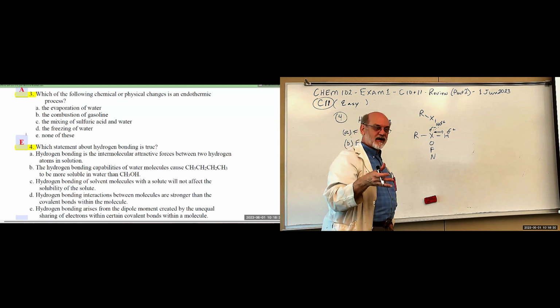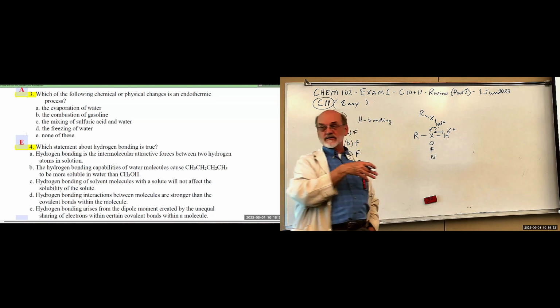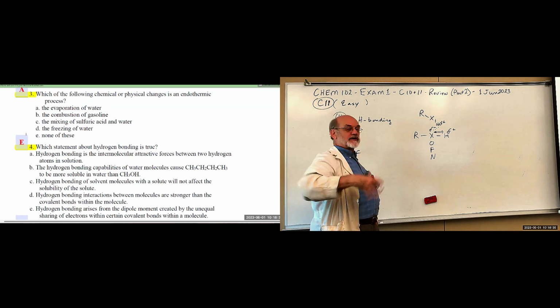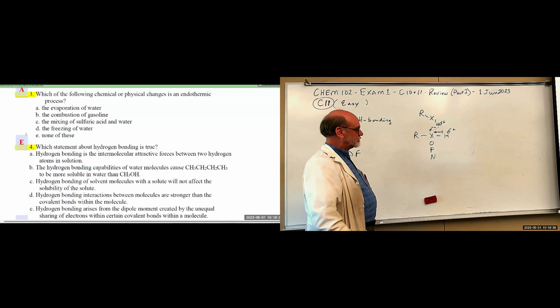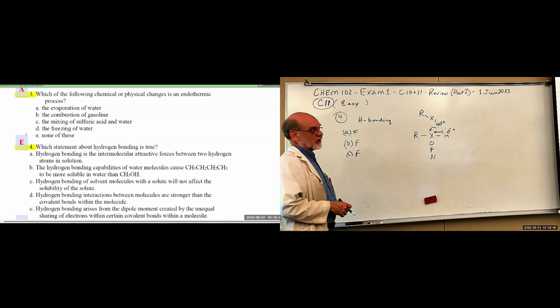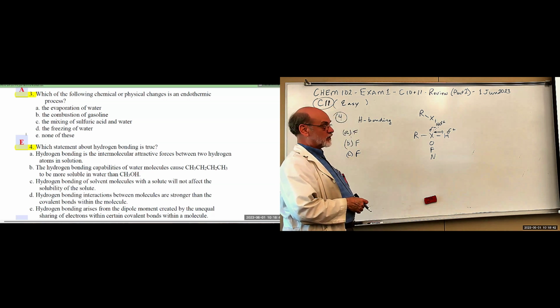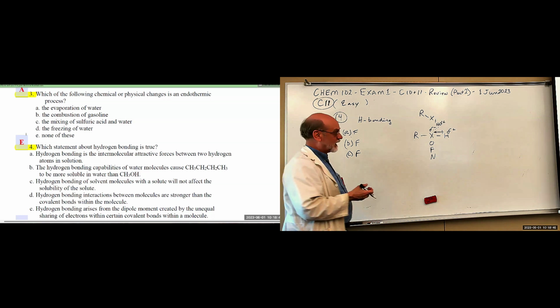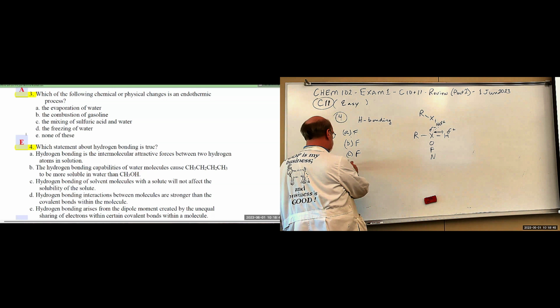Or if one of them is ionic and the solvent is hydrogen bonding, like water and sodium chloride, that will increase solubility. But if you don't have polarity or hydrogen bonding available, you're not likely to get a solution formed. So C is false.